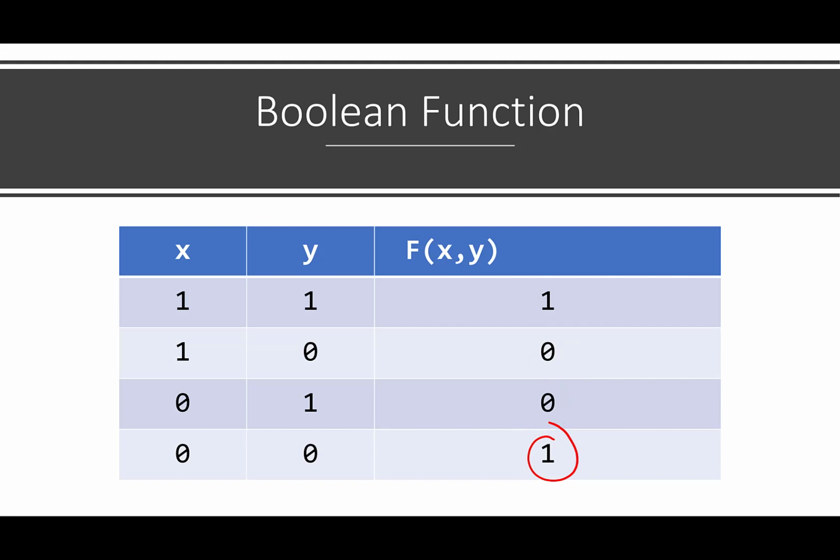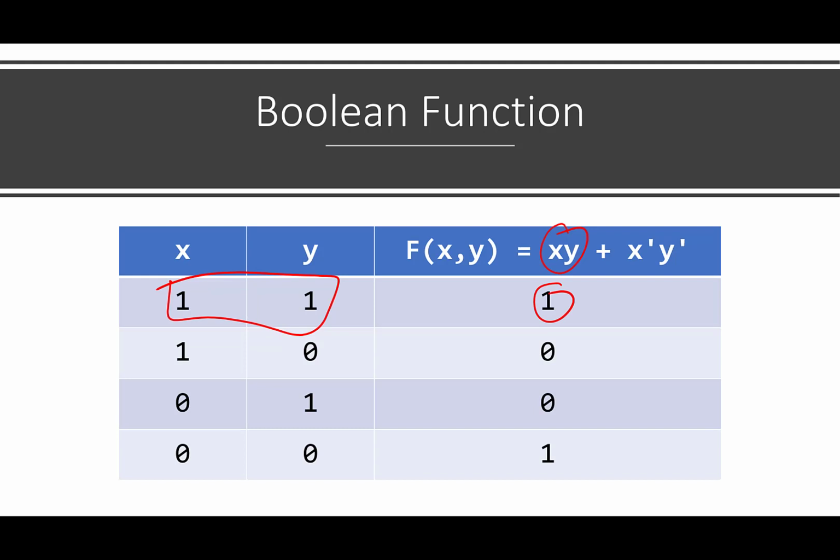Well, that little weird trick I showed you a minute ago, where we just create a proposition, or in this case, an equation, using all of the ones that had a true, or in this case, a 1, that will actually give us this formula right here. And you'll see this is actually correct. So this is xy, which is if x and y are both true, which they are in the first row, we'll get a 1.